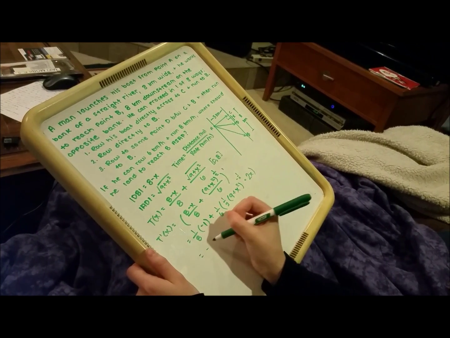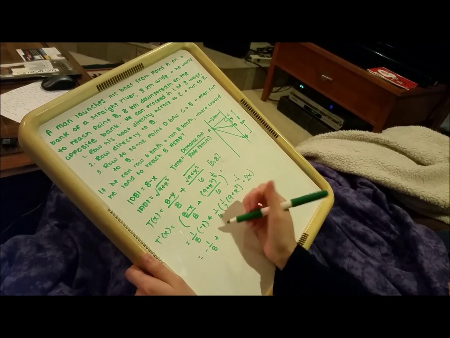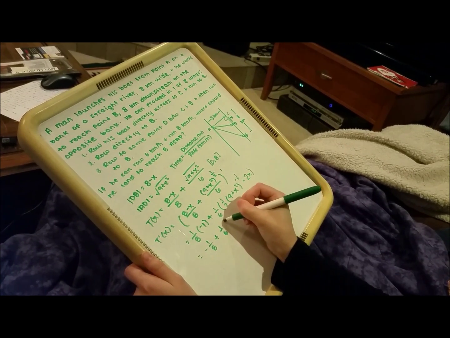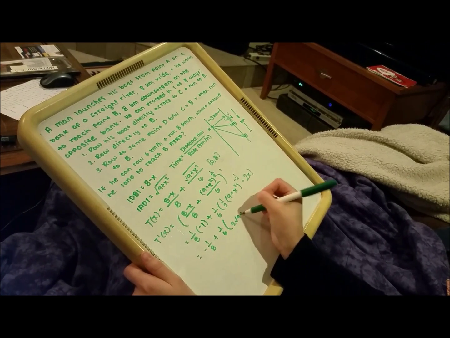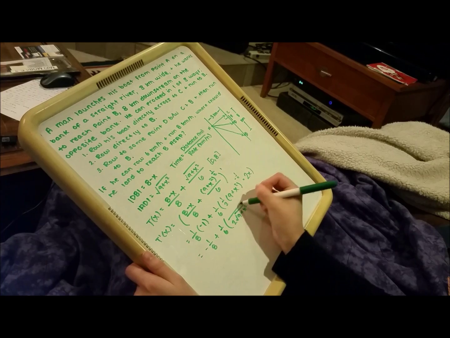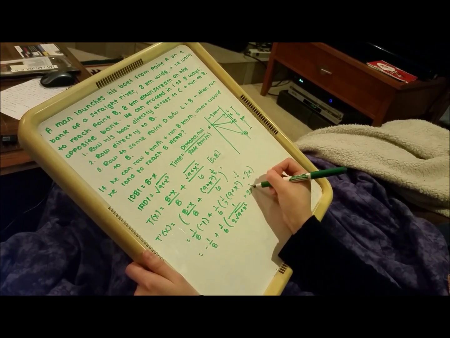This then becomes -1/8 plus 1/6 times 1 over root (9 plus x squared) times 2x.